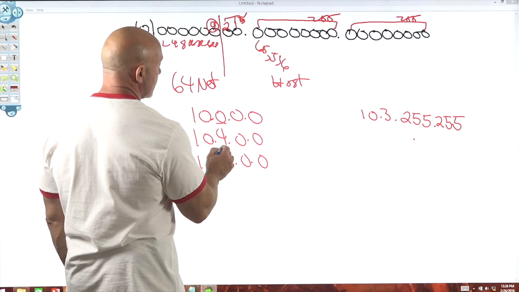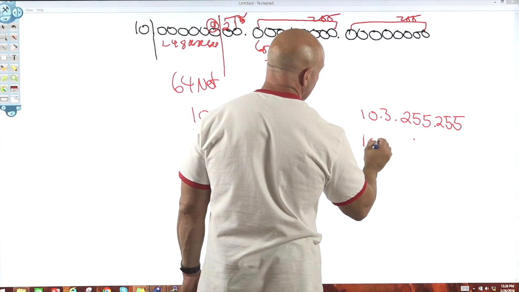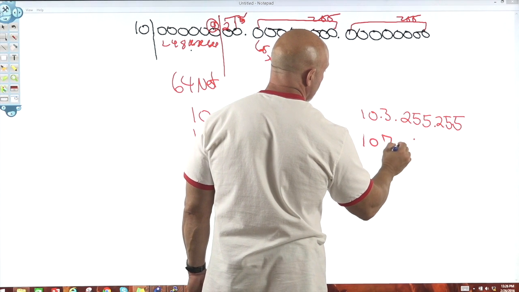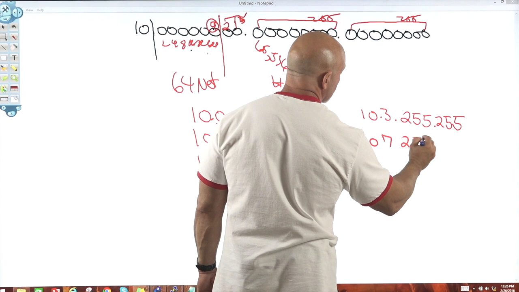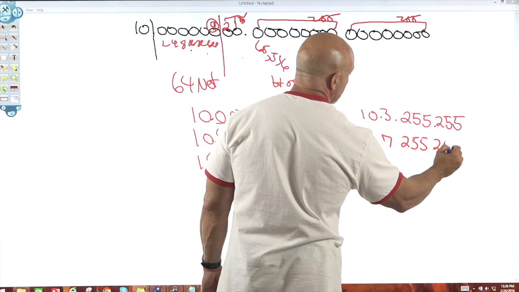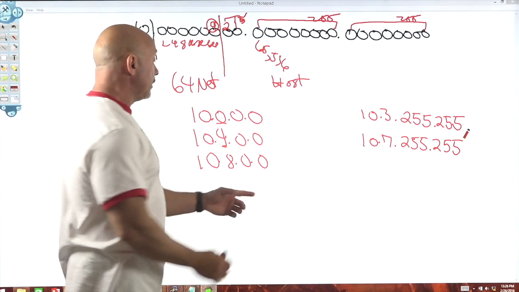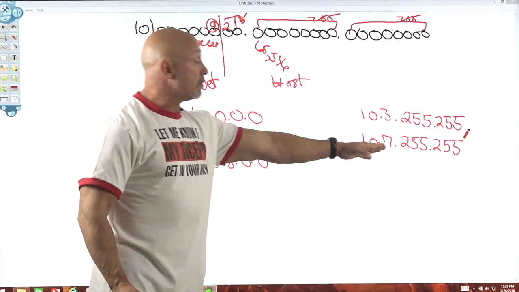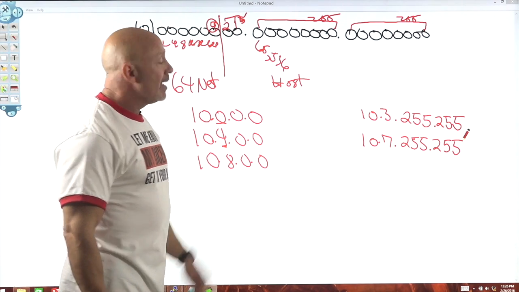So, again, second octet plus 3. 255, fourth octet. Okay? 10, 7, 255. Reaches maximum on the third octet. Flips this guy over to 8. Resets the other 2 to 0. And so forth.